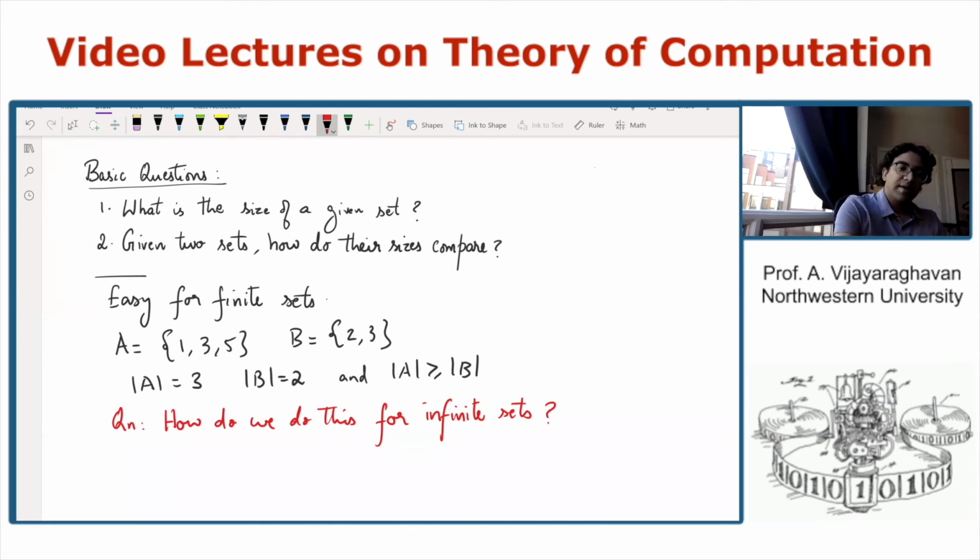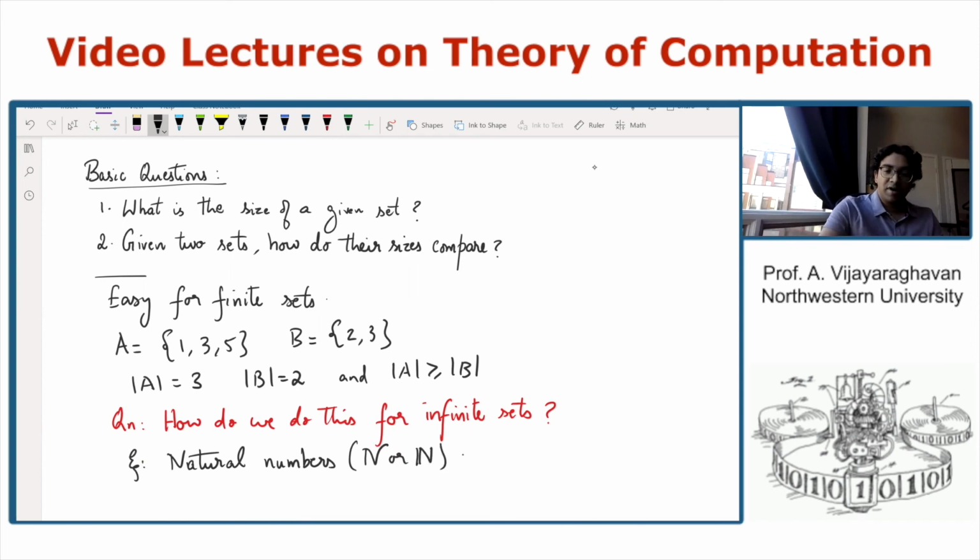There are many infinite sets that you would have encountered before too. For instance, we have natural numbers, which are usually represented by script N or bold N, integers, script Z or bold Z, real numbers, and so on.